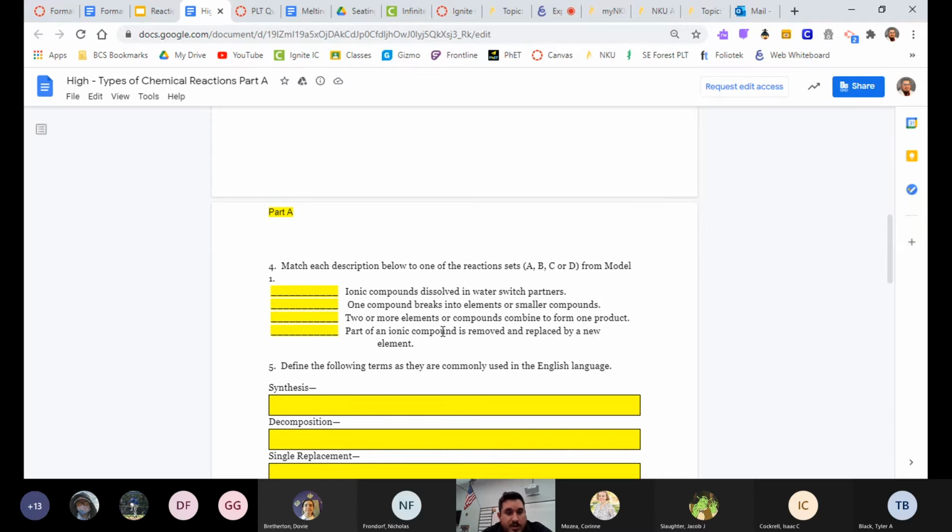Part of an ionic compound is removed and replaced by a new element. So take a minute to think about that one. And then in the chat box, let me know what you think. Like what order is it, A, B, C, D, or B, A, C, D? So in the chat box, when you think you got that answer, let me know what you guys think about question number 4.